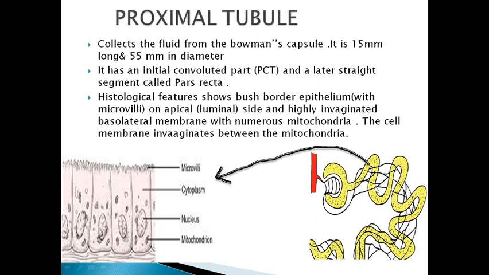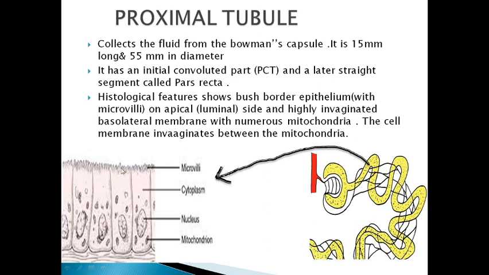Okay, the renal tubule has two sides. One is the apical or the luminal side, and other is the basolateral side. So the side which is towards the lumen is known as the apical side, and the opposite side is known as the basolateral side.